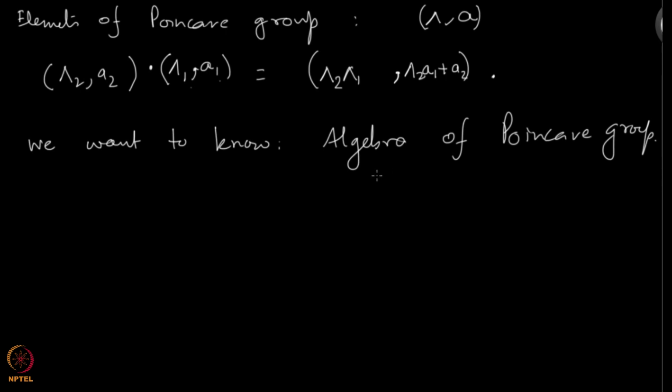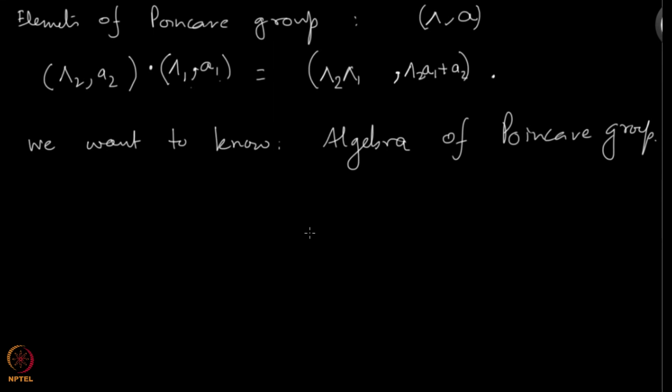Okay. That is what we will take up in the next video. But the reason why these commutation relations are important is because once you know these commutators, you can construct finite transformations, and these commutators are the only thing that you need to know.